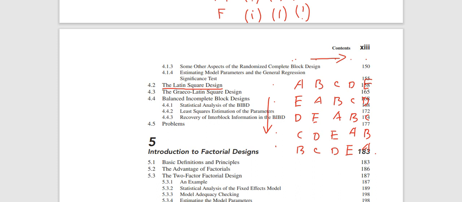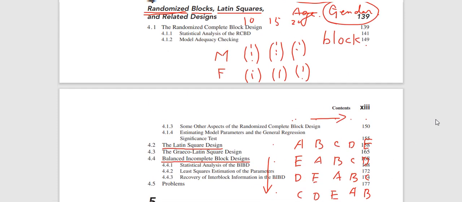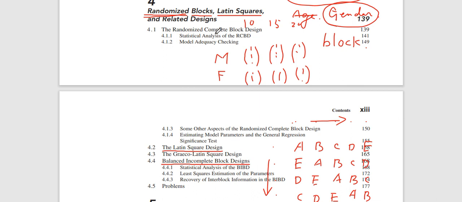Okay, so here we have one balanced design, the randomized complete block design. Here is the complete block design, and here is the incomplete block design.